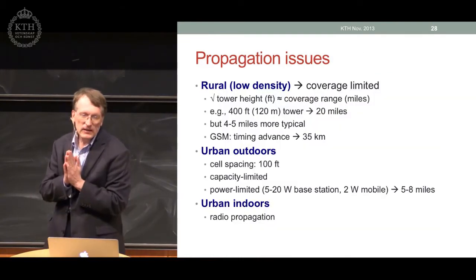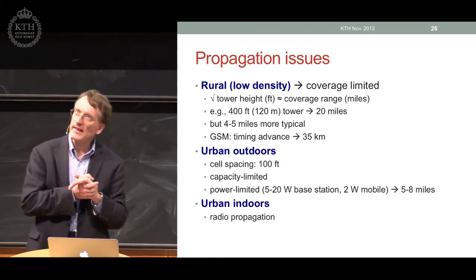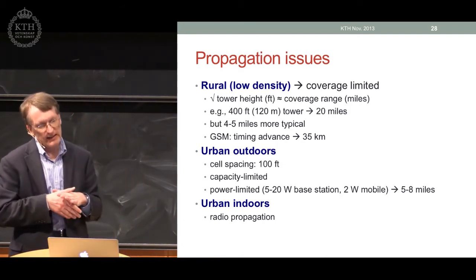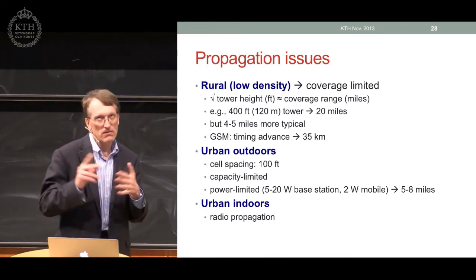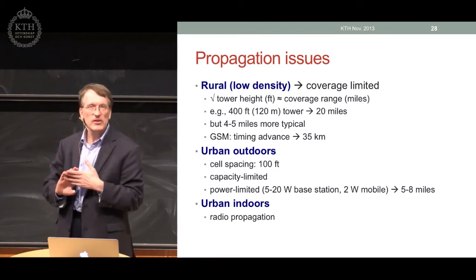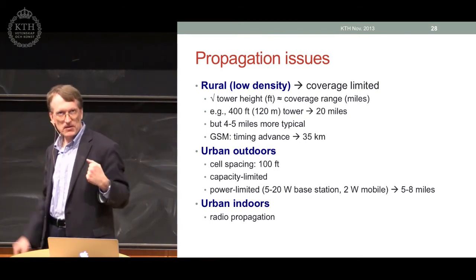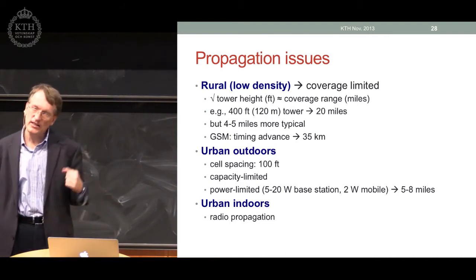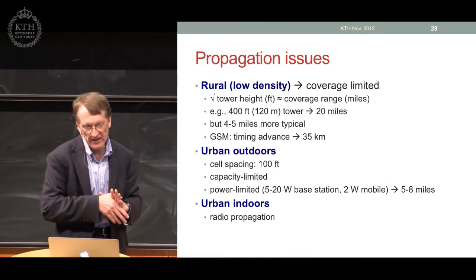If you look at cellular, for example, you really have 3 different problems. You have rural problems, where you have a low density of customers. You need cell tower spacing that is far, with lots of space between cell towers, because otherwise it gets far too expensive. You want to have miles and miles between cell towers.